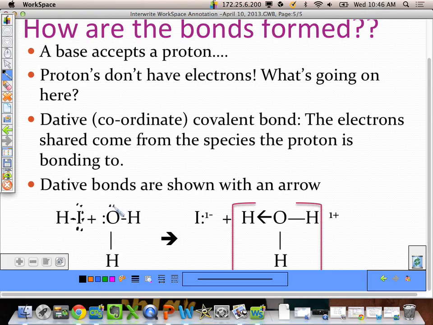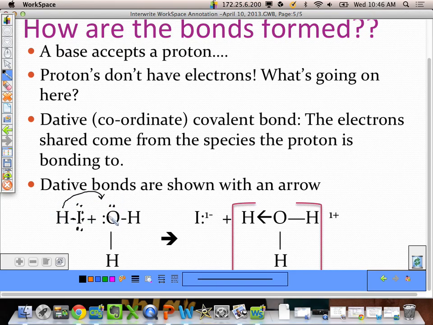Water, again, I'm missing a couple of dots here. Water is going to say, hey, let's react. So the hydrogen from hydrogen iodide, or hydroiodic acid if we're getting technical with the name, is going to donate that one hydrogen over here.